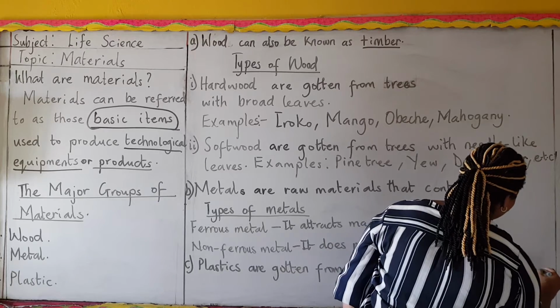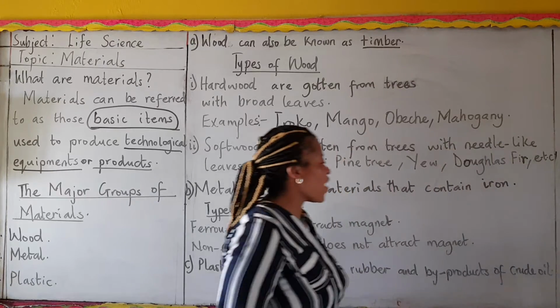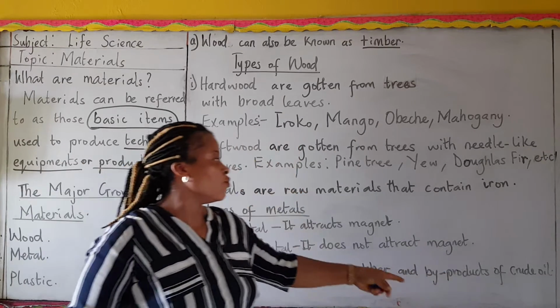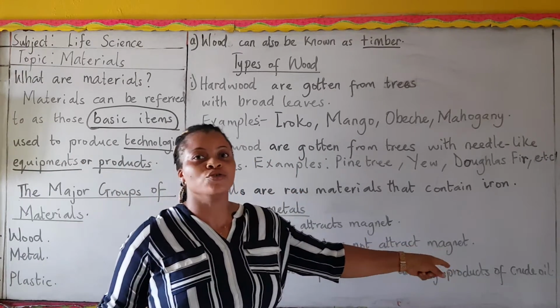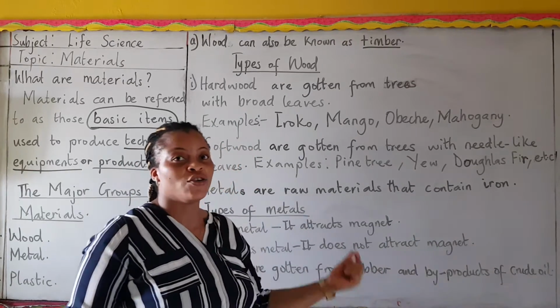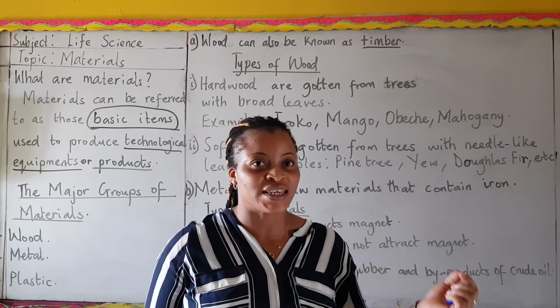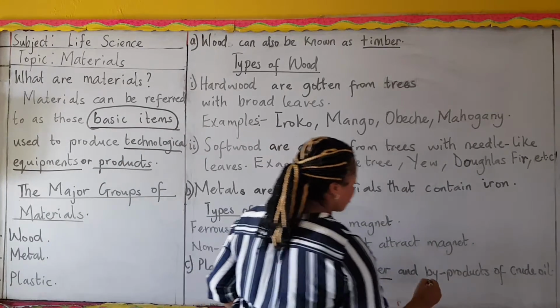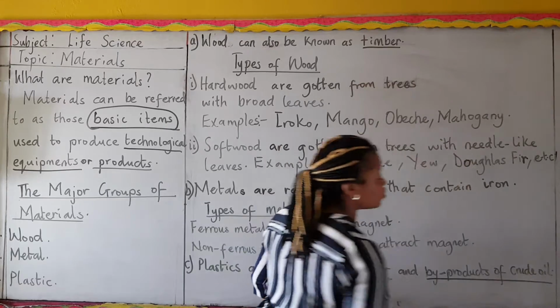Let me use that. Good. In fact, if you want to get plastics in a very big quantity, you must target to get it from the crude oil, because when you look at the rubber, it can only give you little quantity at a time. So we get plastics from either rubber or from the byproducts of crude oil.